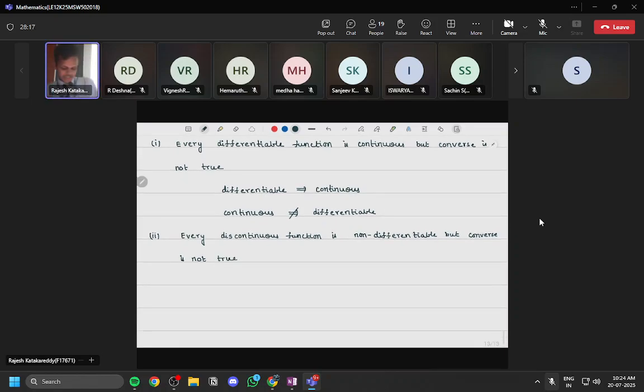Every discontinuous function is non-differentiable, but every non-differentiable function is not discontinuous. There are some continuous ones as well.